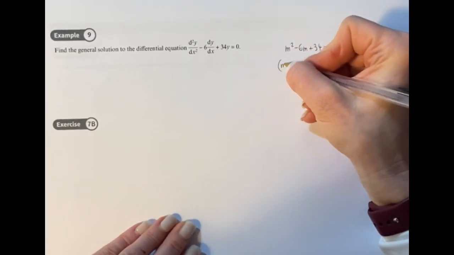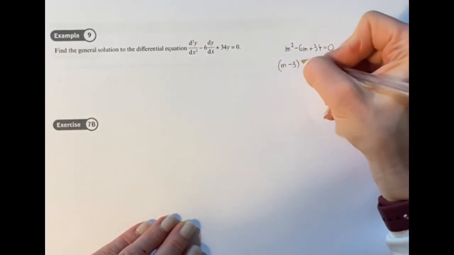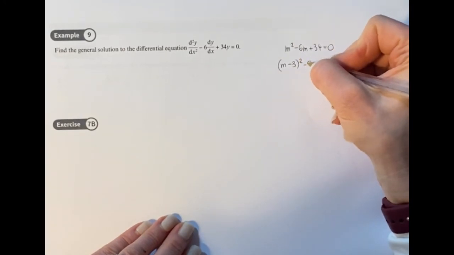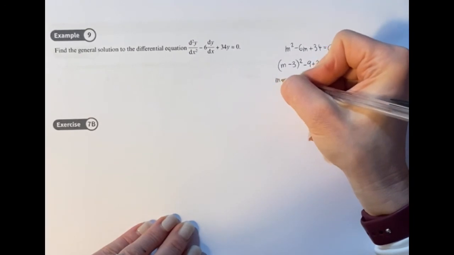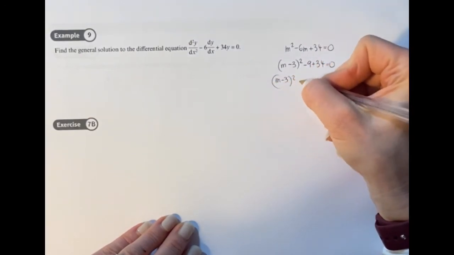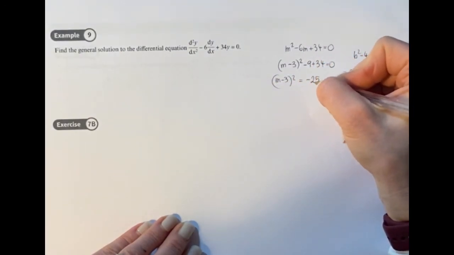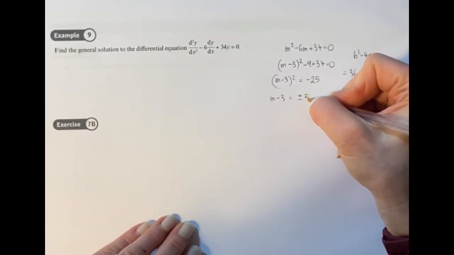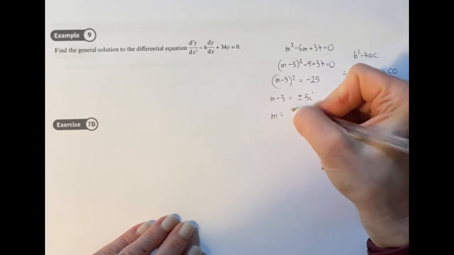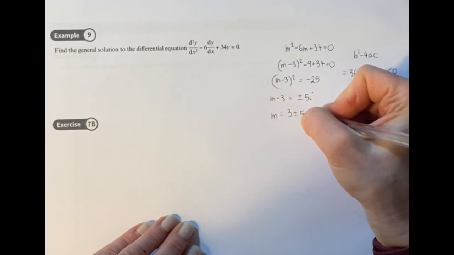Whichever way you want to find them, I will use the completing the square form. So it's m minus 3 all squared is equal to minus 25. That gives me plus or minus 5i. So m is equal to 3 plus or minus 5i.